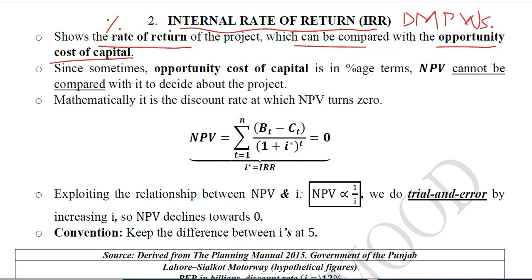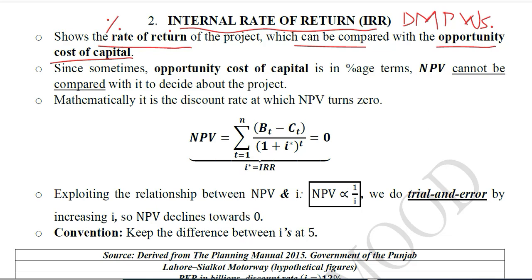In a situation where we have some amount and we can either invest it in a project, or we can invest it in the bank, or keep it as a saving in a bank, or invest in any other project. So you see, the alternatives are there. We can either save it and keep it with the bank, or we can invest in any other project instead of the main project.